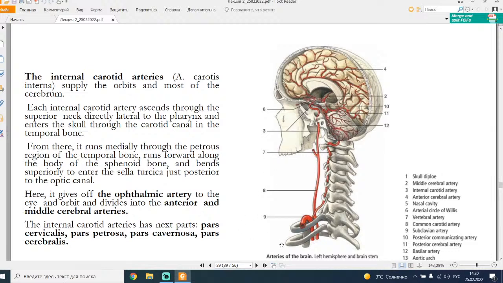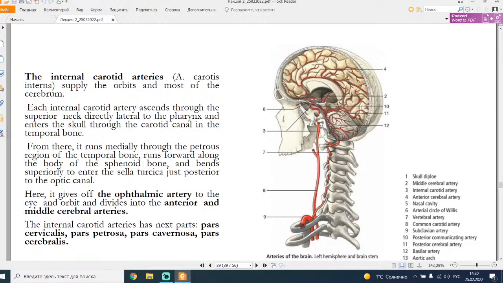The internal carotid artery has the following parts: pars cervicalis, pars petrosa, pars cavernosa, pars cerebralis.